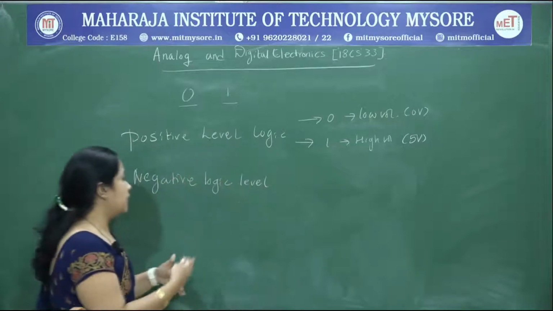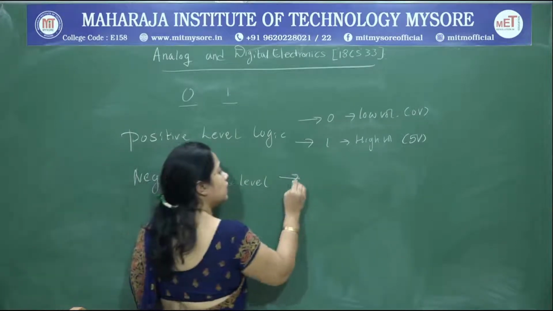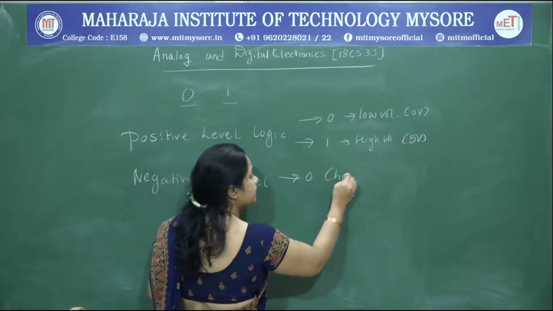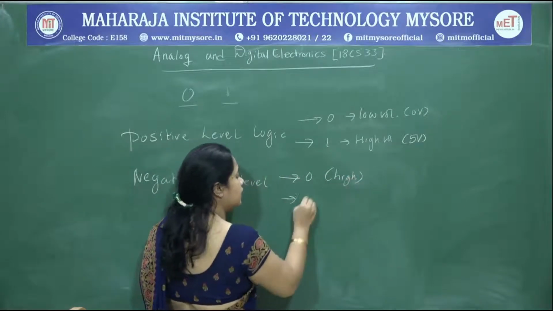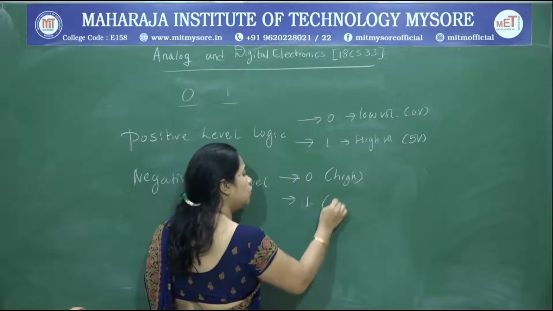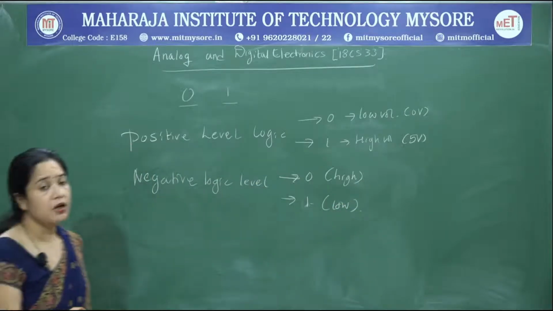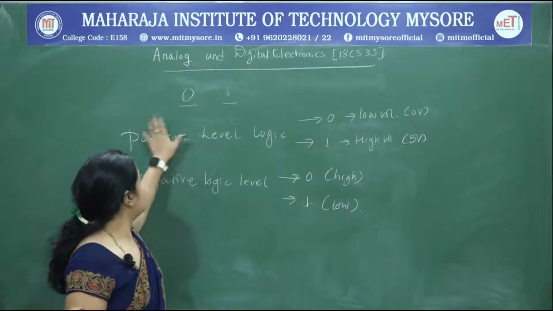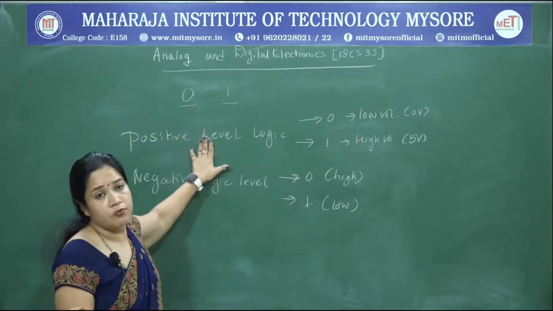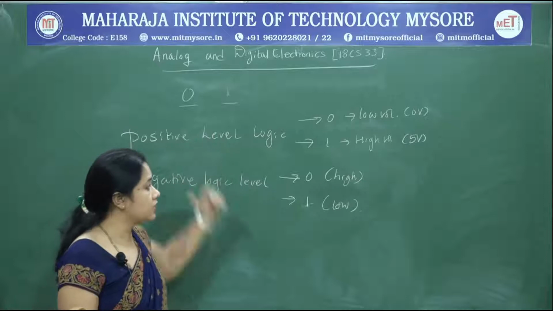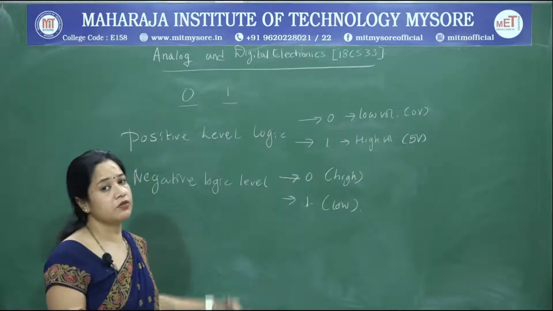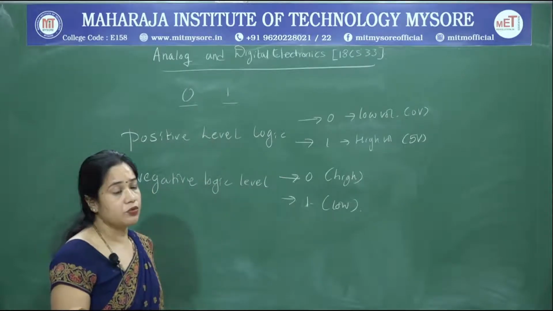If it is the other way, if you are using a high voltage to represent a 0 and a low voltage to represent a 1, we call it negative logic level. But by convention, we usually follow positive logic level, wherein a 0 is represented by a low voltage and 1 is represented by a high voltage.